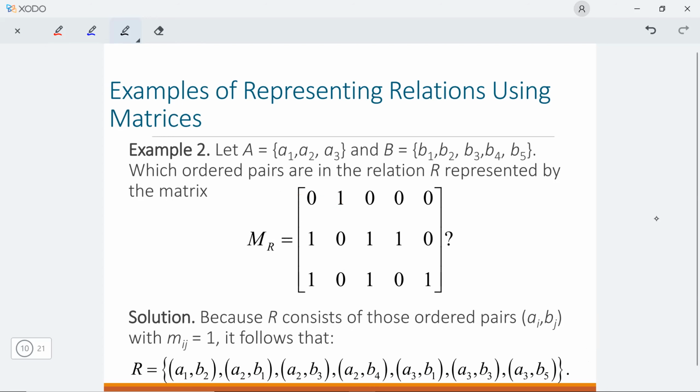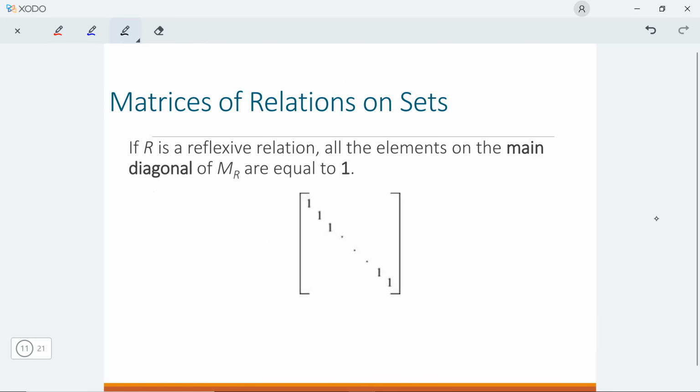So now if we have this matrix representation of our relation, let me explain how we can use this matrix to help us check if this relation satisfies the requirement of a special type of relation. If we know this, it is much easier than using the definition of this special type to check the relation.